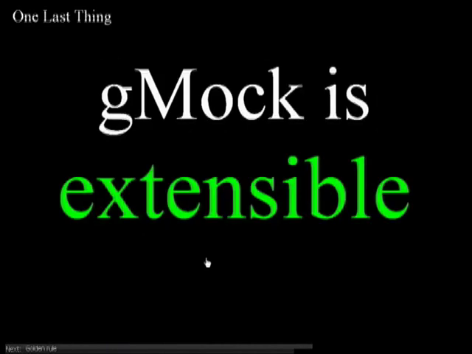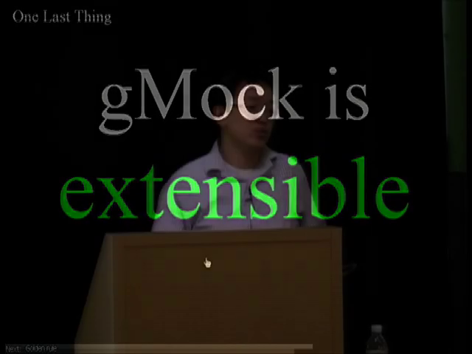Okay, there's one last thing about gMock. Suppose you are not happy with what gMock has to offer today. Well, the good news is that it doesn't stand still. It can be extended by you, the users. We provide an API for you to define your own matchers, your own cardinalities and your own actions.